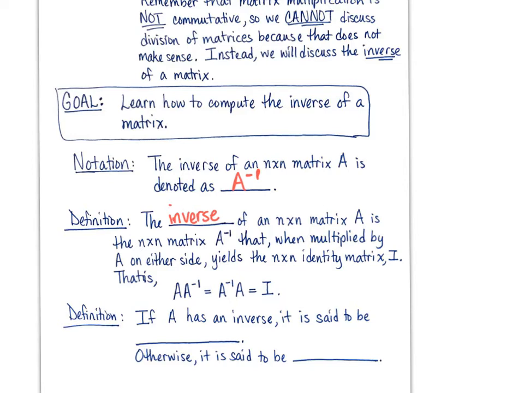You said 1 0 0 1. What size is that matrix? 2 by 2. But I'm asking you, what does the n by n identity matrix look like?